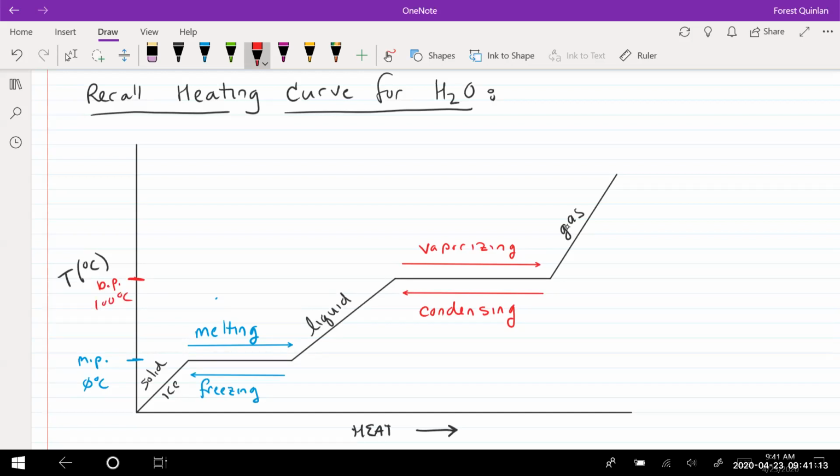Now, the reason why I bring up the heating curve is because we actually have now different zones. So we have a zone right through here, sectioning off each of these areas. I'm going to section it off because what we're going to find is that thermodynamically, each of these regions is governed by a separate equation.